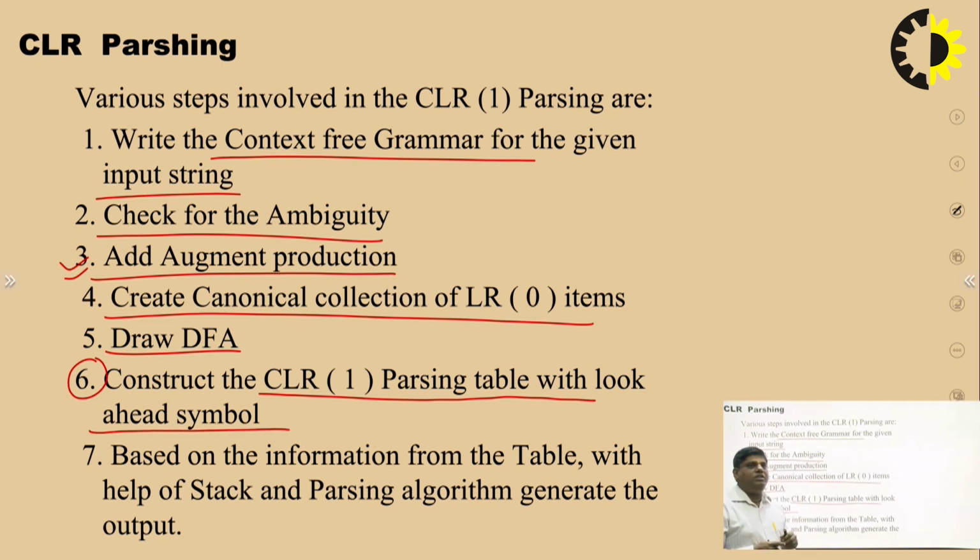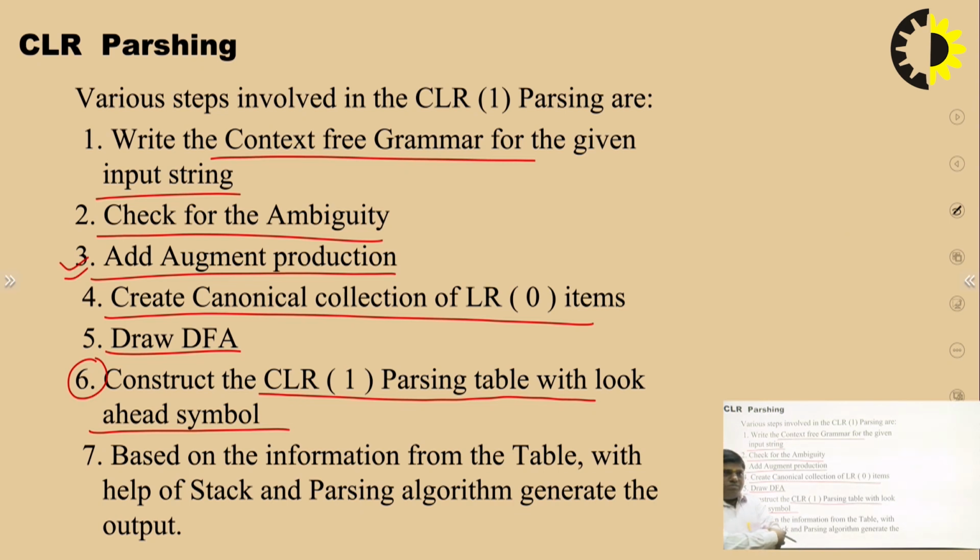That is the main difference. In SLR parsing, we simply create the parsing table without look ahead symbol, but in CLR parsing, we construct the parsing table with a look ahead symbol.